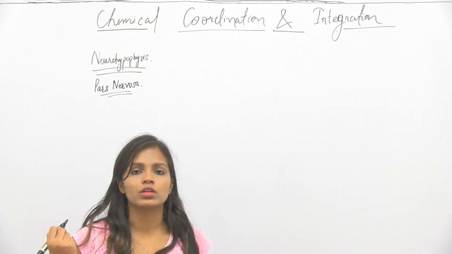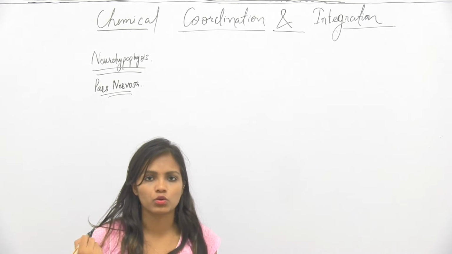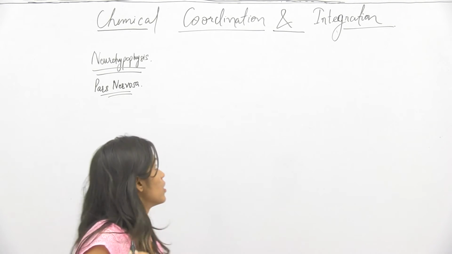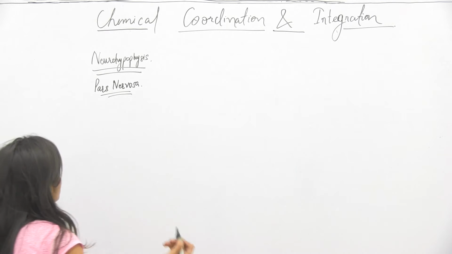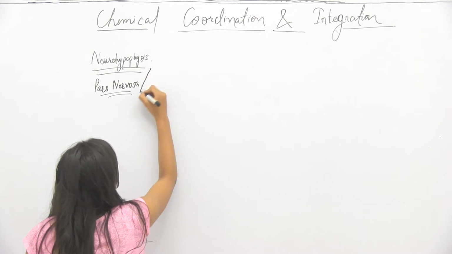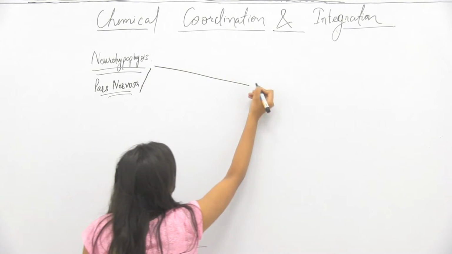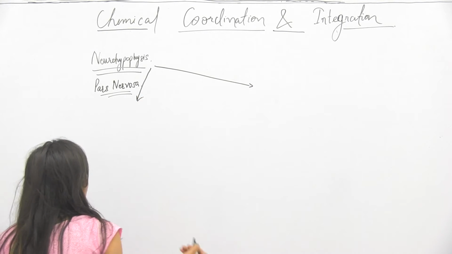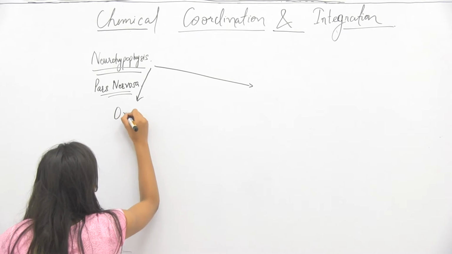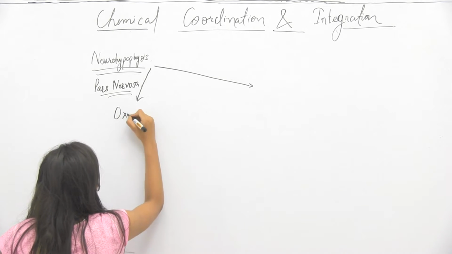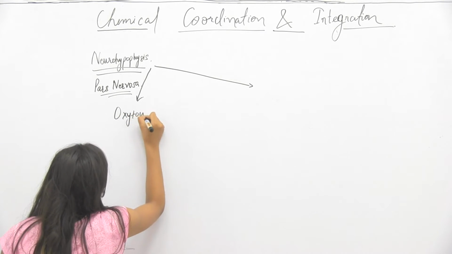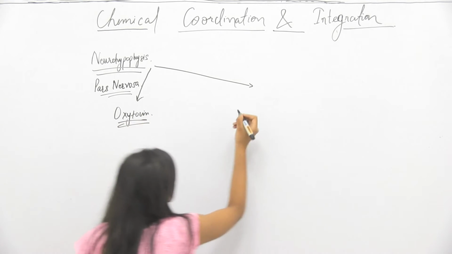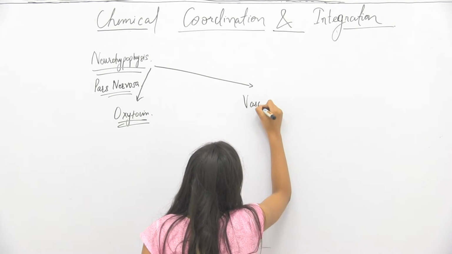There are particularly two hormones that are secreted by the neurohypophysis, and those hormones are oxytocin and vasopressin.